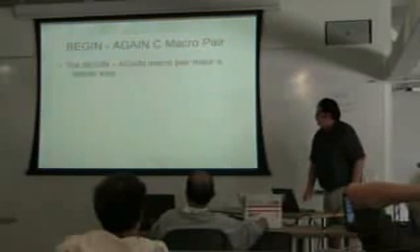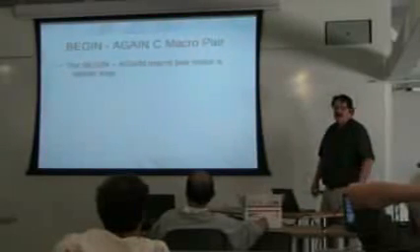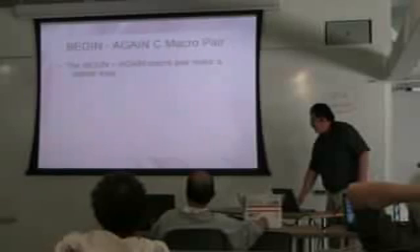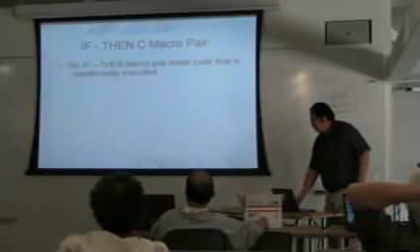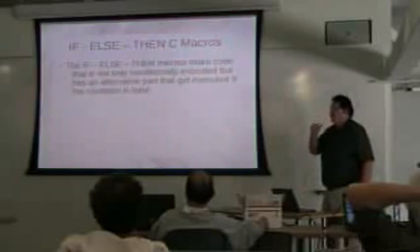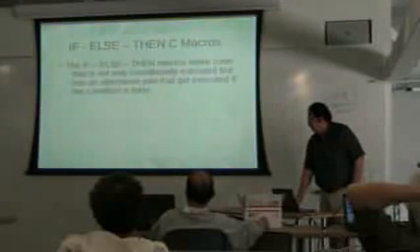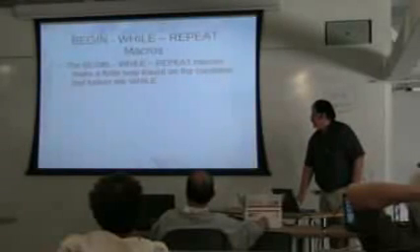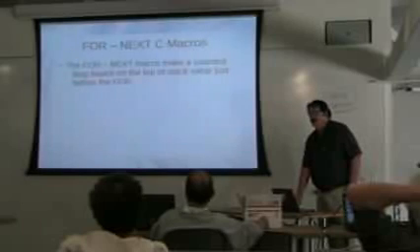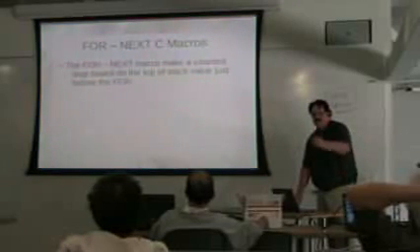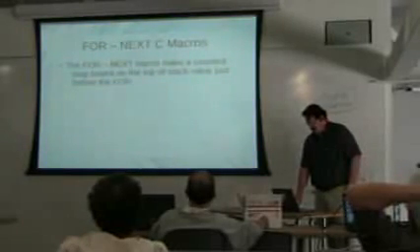Then there's the begin again, which is the infinite loop. Then there's the if then and the if then else. We also have the begin while repeat and for next. This is something Ting has invented.